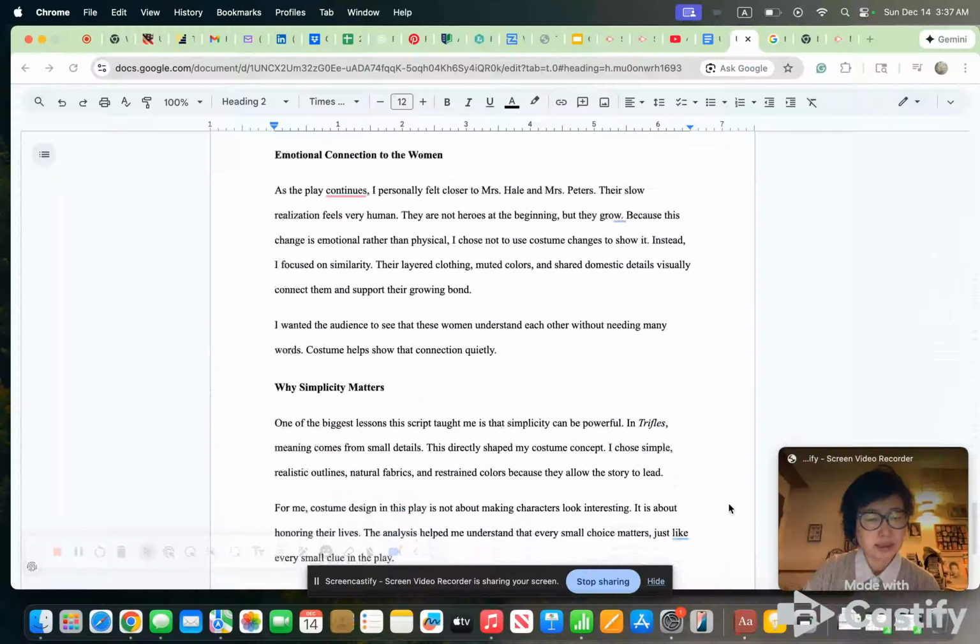So I started my conceptual design research. I started with searching photos of farm kitchens because that is where the set is. So here, let me show some images.